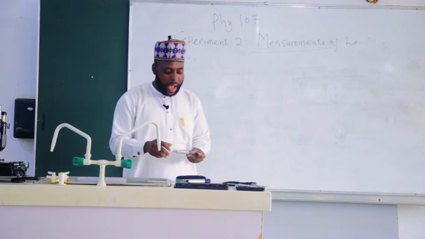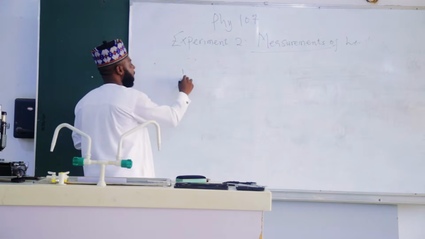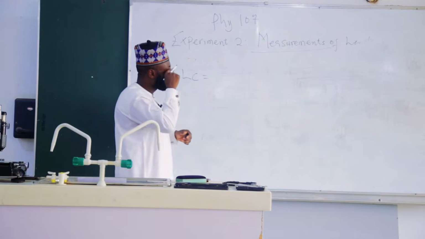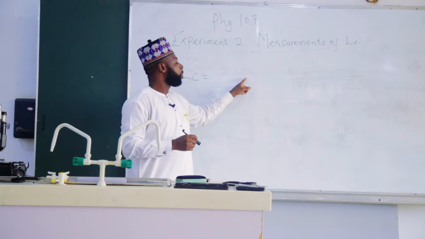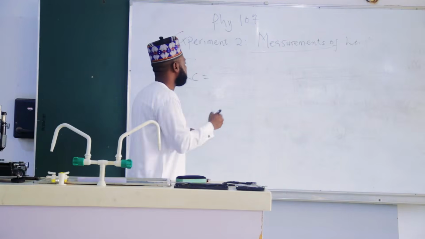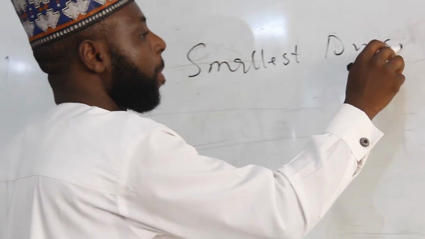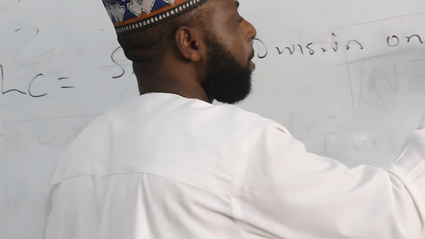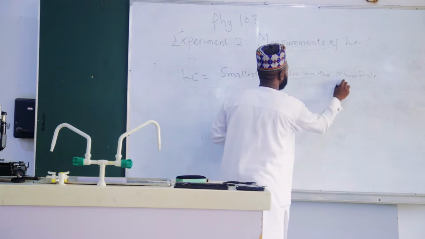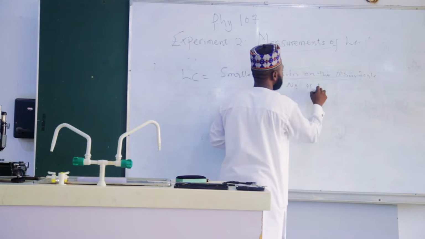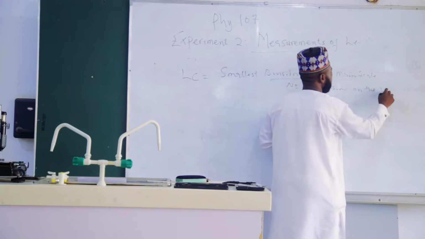Now, we need to look at the least count of this instrument, which we call LC. And the formula of the least count is always the smallest value or smallest division on the main scale divided by the number of divisions on the vernier scale.